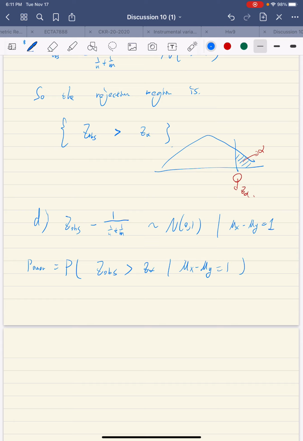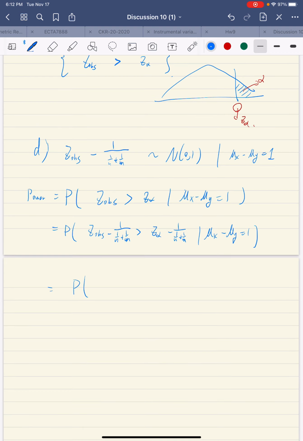We do the same thing, subtracting this, and this is equal to the probability that a standard normal is greater than z alpha minus this. Okay, so this is D.